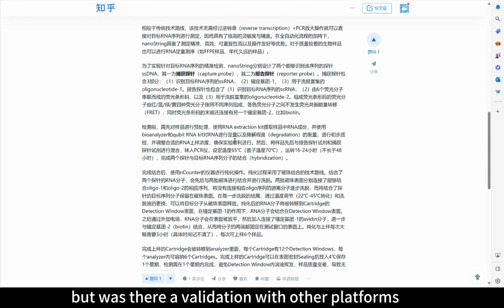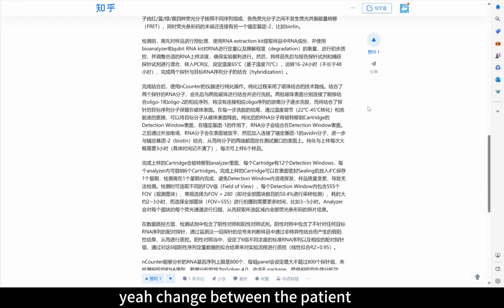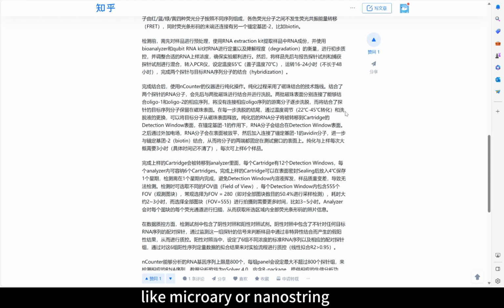But was any other platform used to validate this? Was there a validation using another platform, like microarray or NanoString? RNA sequencing.